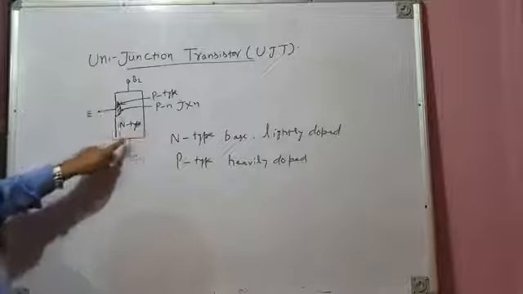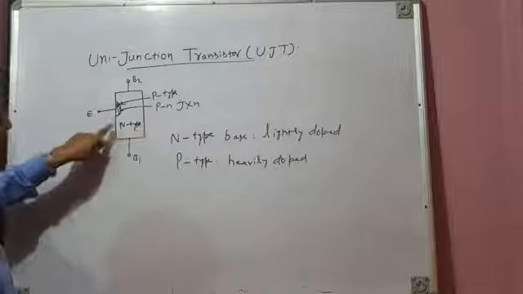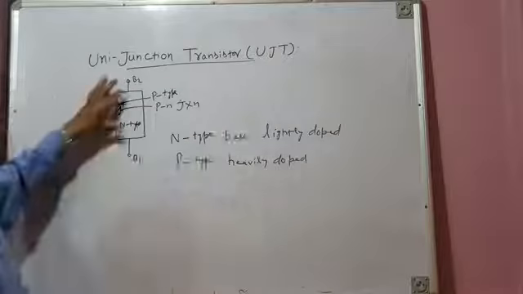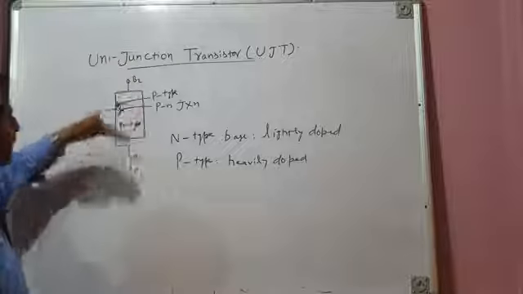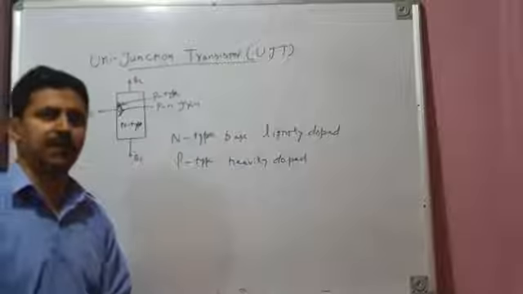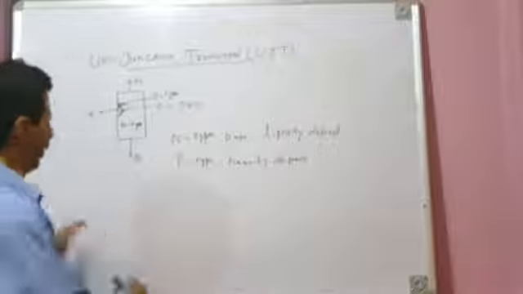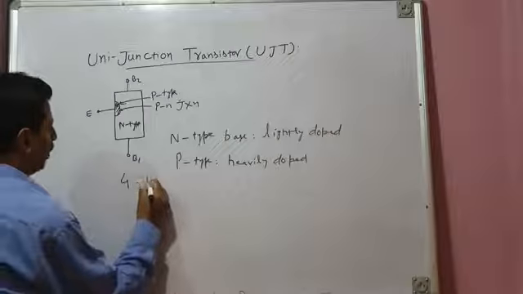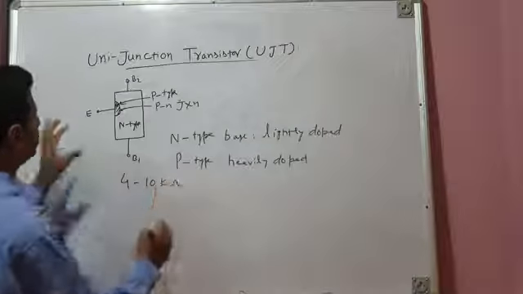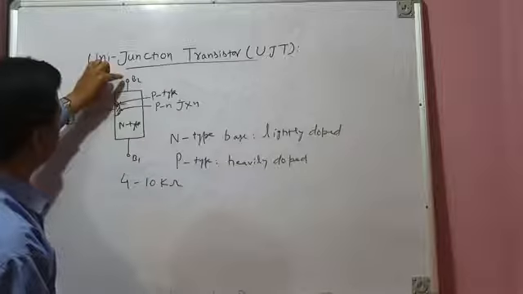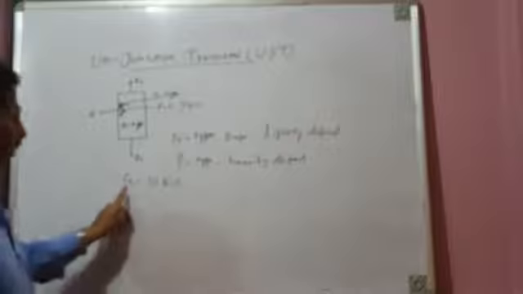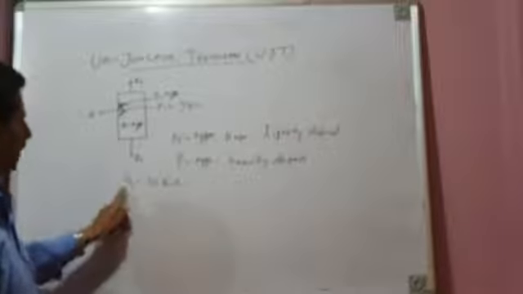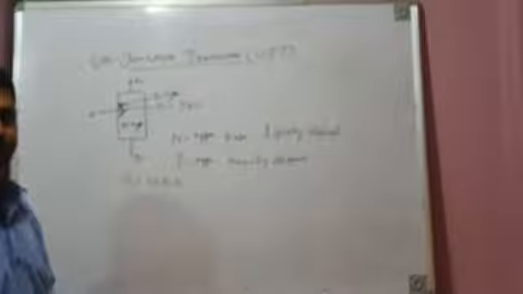Since this N-type material is lightly doped, it has a very large resistance. The resistivity or the resistance of this N-type base material is very, very high, around 4 to 10 kilo ohms. If you measure the resistance between terminals base B1 and B2 when the UJT is in the off state, its resistance is as high as 4 to 10 kilo ohms.